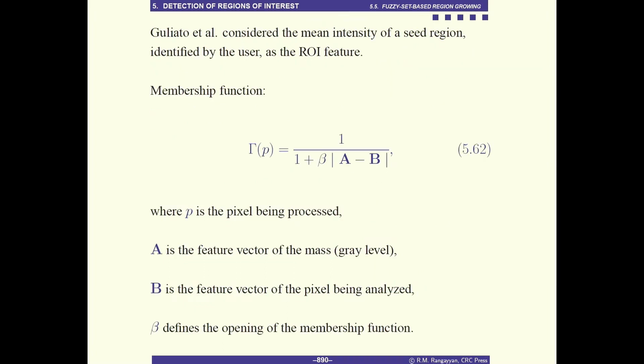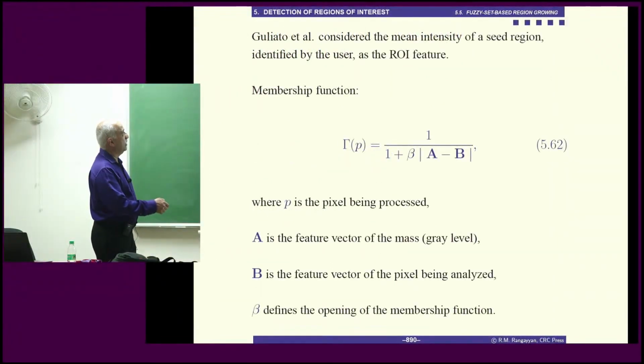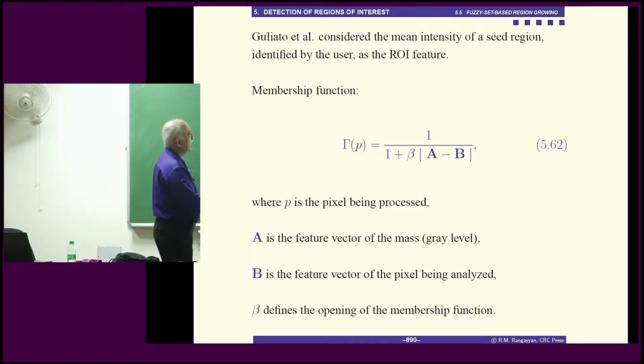So these are the requirements, and a commonly used membership function is like this: 1 over 1 plus beta, where beta is some factor that controls this function, called the opening of the membership function. And |a − b| is the magnitude of the difference between the feature vector of the mass you want to detect and that of the pixel being analyzed.